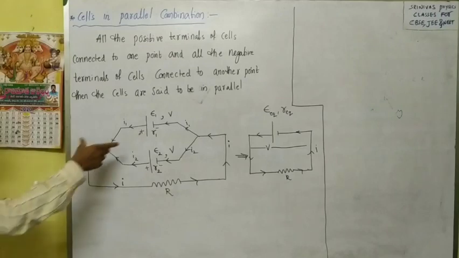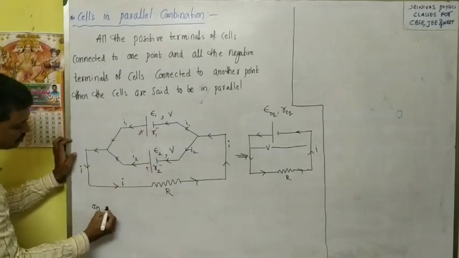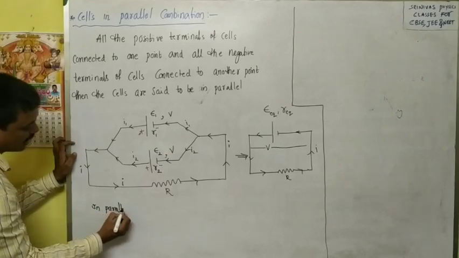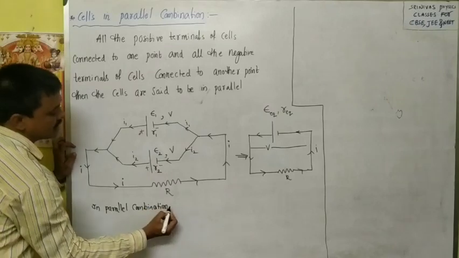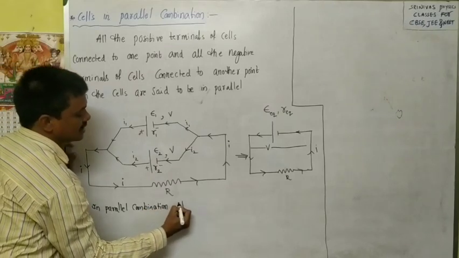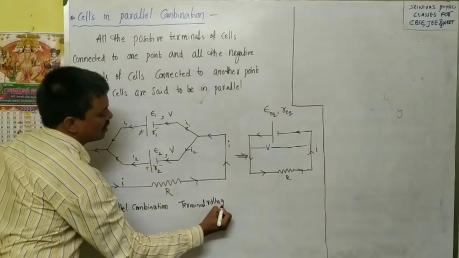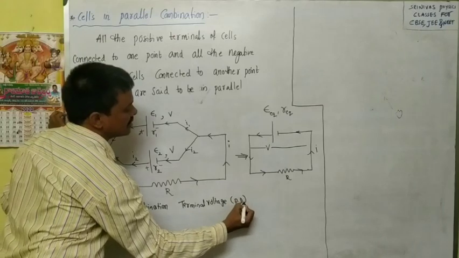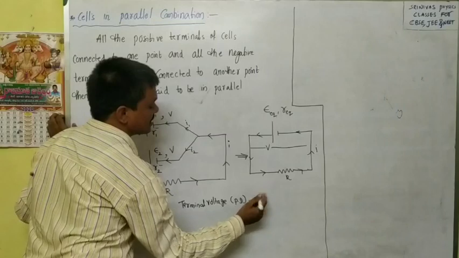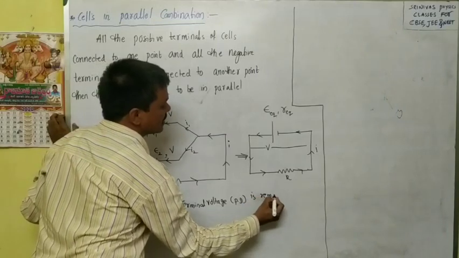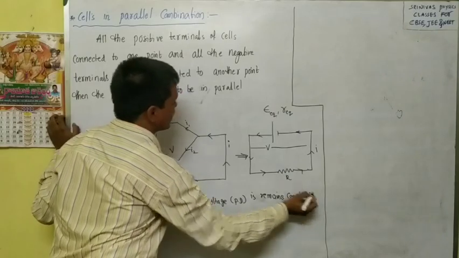Now, in the parallel combination, we know the potential is the same, right? In parallel combination, what is constant? The terminal voltage, or potential difference across each cell, remains constant, meaning the potential difference across the first cell is equal to the potential difference across the second cell.